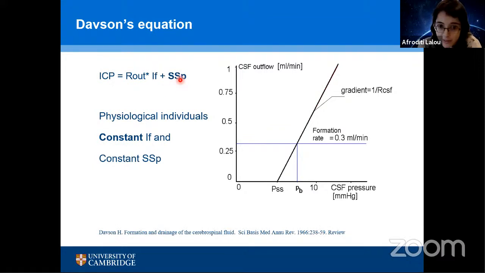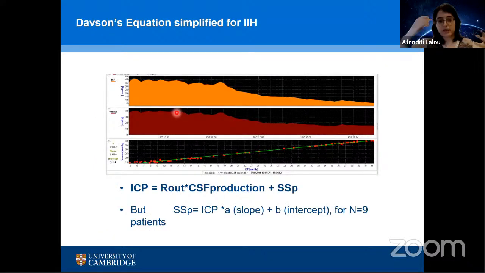So it's not meant to collapse with the increase in pressure. And therefore, in IIH, since we talked about earlier that it's not always constant, and it is coupled with ICP and it can change, we can easily simplify Davson's equation and change it to account for this coupling of the ICP and the sagittal sinus pressure.